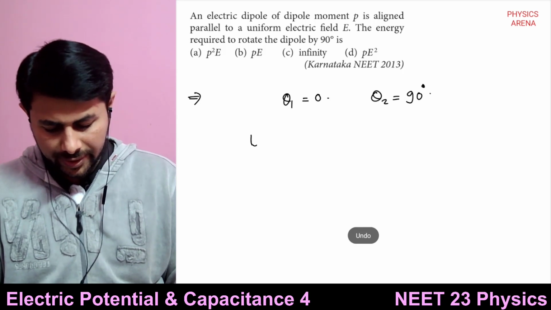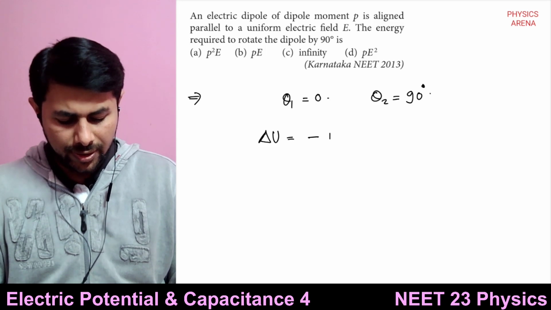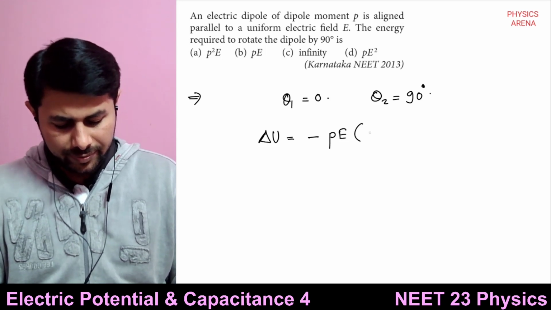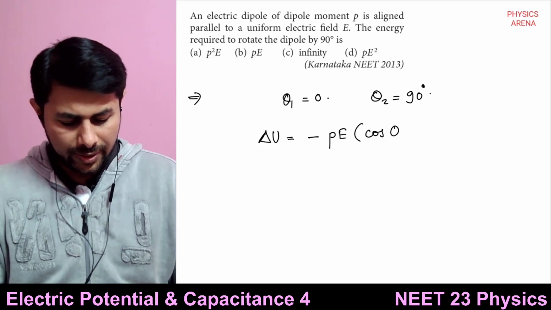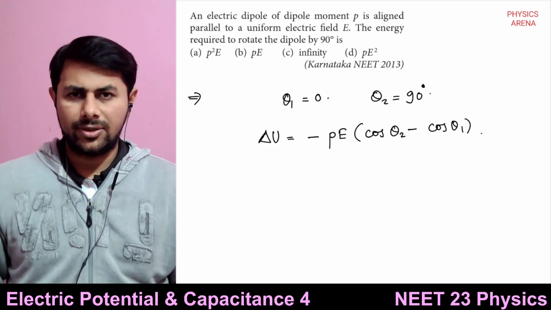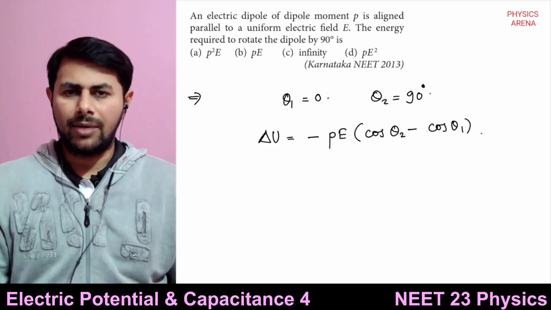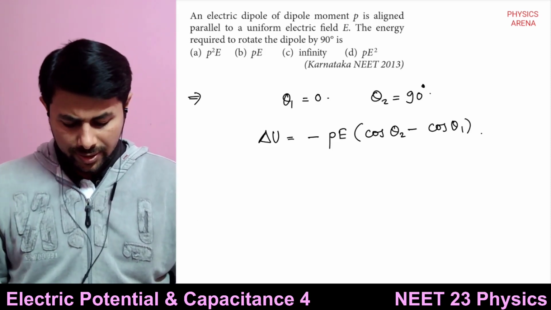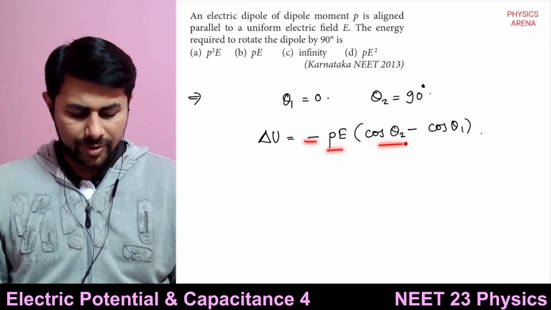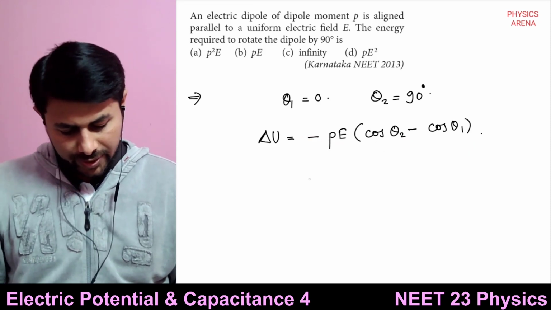Delta U is equal to minus PE times cos theta 2 minus cos theta 1. This is our formula, right? Work done to rotate a dipole from theta 1 to theta 2 is minus PE times cos theta 2 minus cos theta 1.